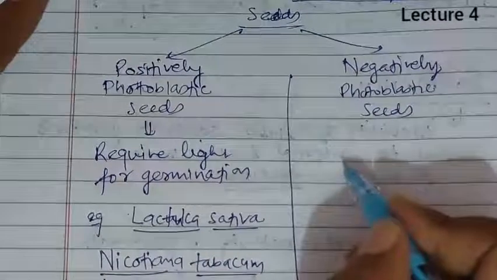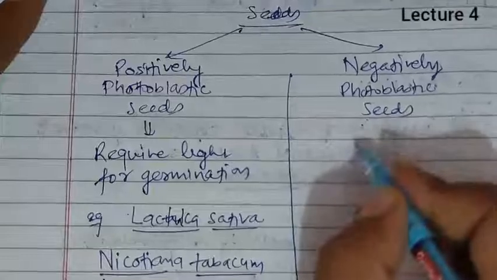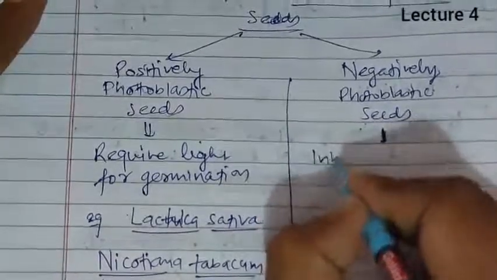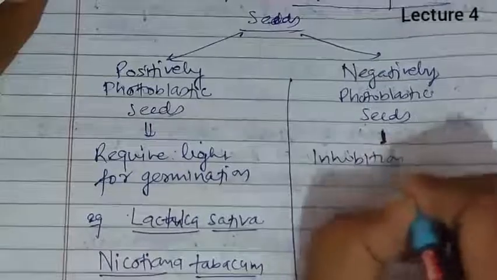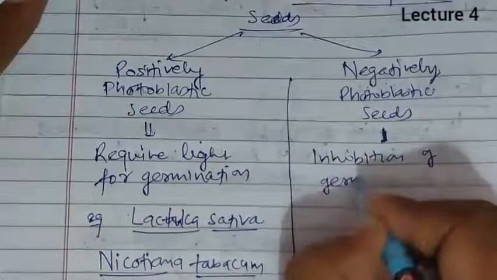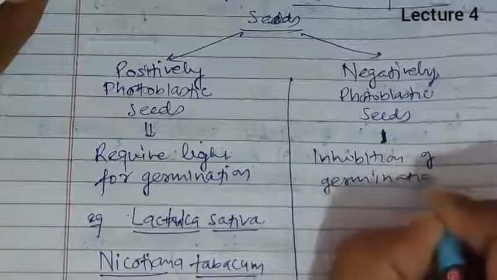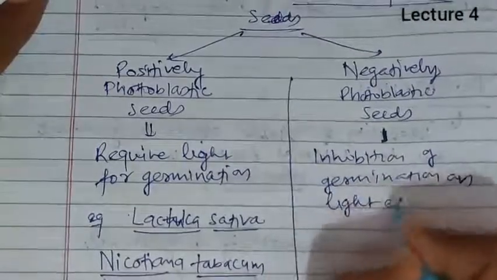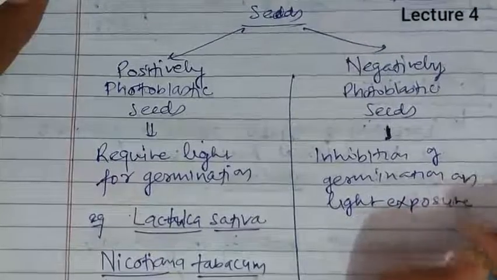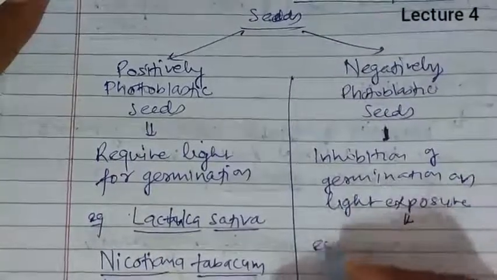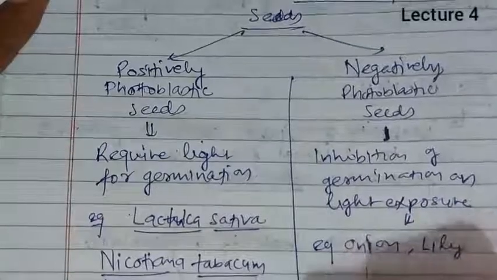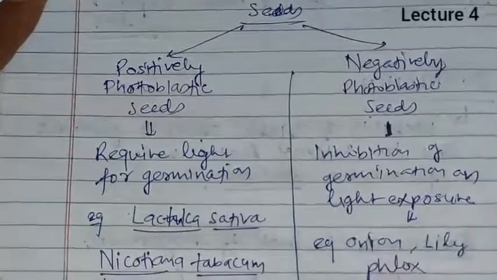But negatively photoblastic seeds show inhibition of germination on light exposure, and the examples are onion, lily, and phlox.